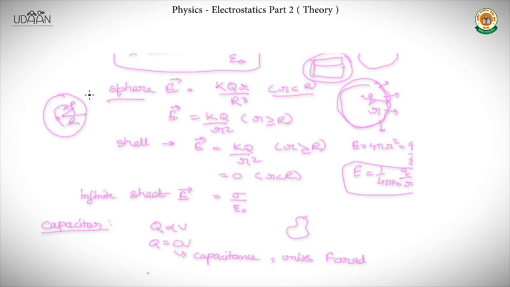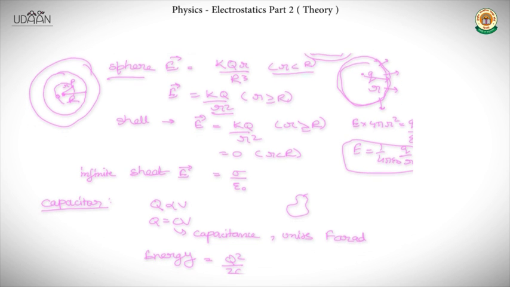And for a point outside, draw a Gaussian surface and we get KQ by r square, which is as if placing all the charge at the center.